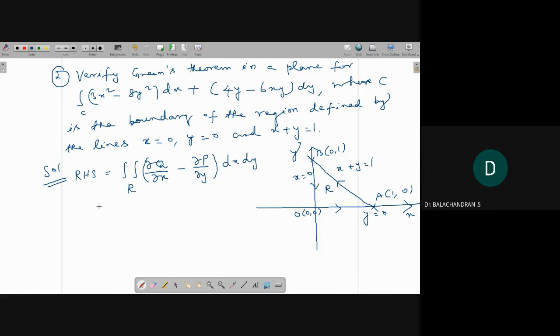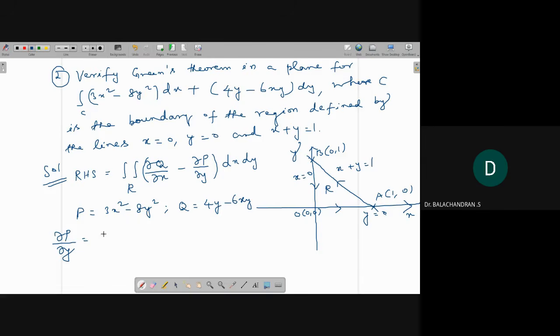Now what is p? P is 3x square minus 8y square, and q is equal to 4y minus 6xy. I need dou p by dou y.